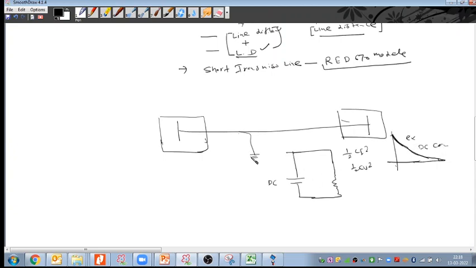I hope this is my understanding. Yes, correct. The inductor behaves like a battery source during the decaying component in the RLC circuit. That is the point.